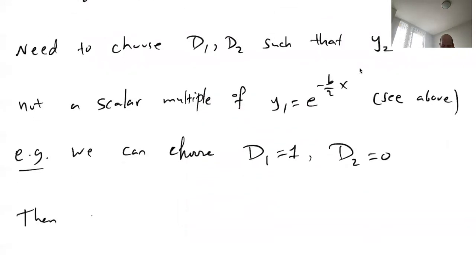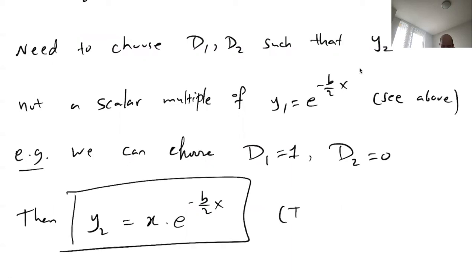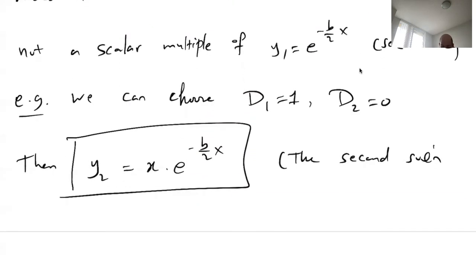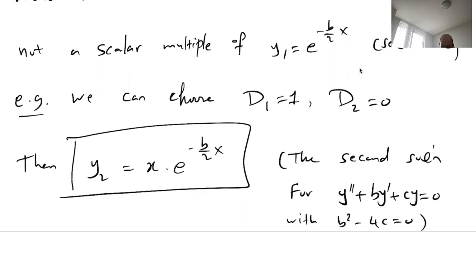Then we get y2 equals x times e to the power minus b over 2x. So this is the second solution for y double prime plus by prime plus cy equals 0 with b squared minus 4c equals 0.